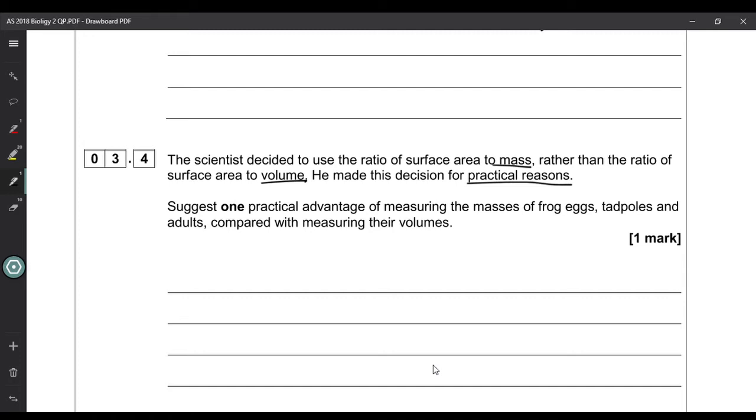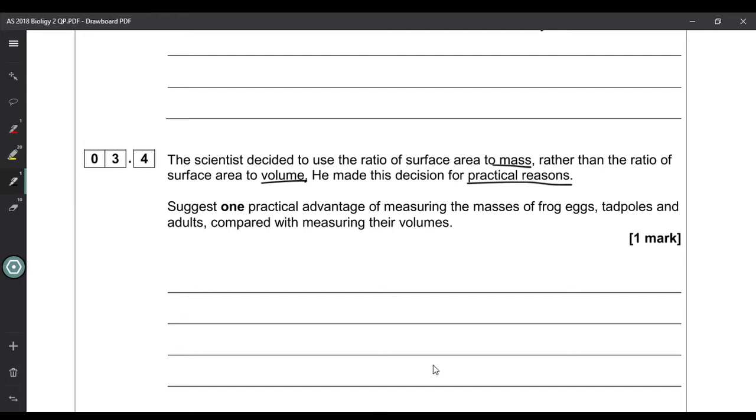So when you've got something that's a very unusual shape or non-standard shape, so it's not a cube or a sphere or things like that, it's very difficult calculating volumes. But calculating mass is relatively easy because you just put them on a balance.